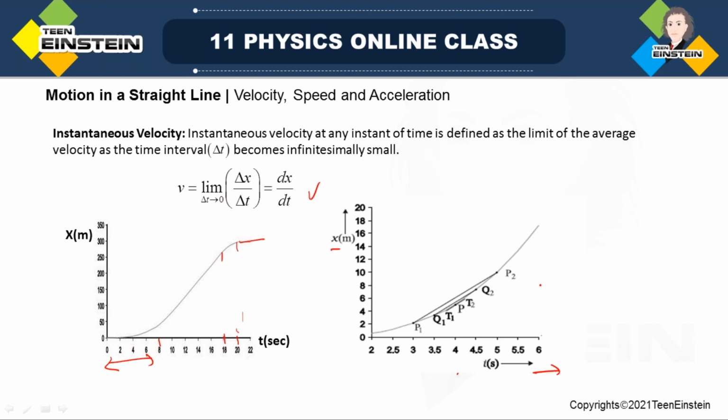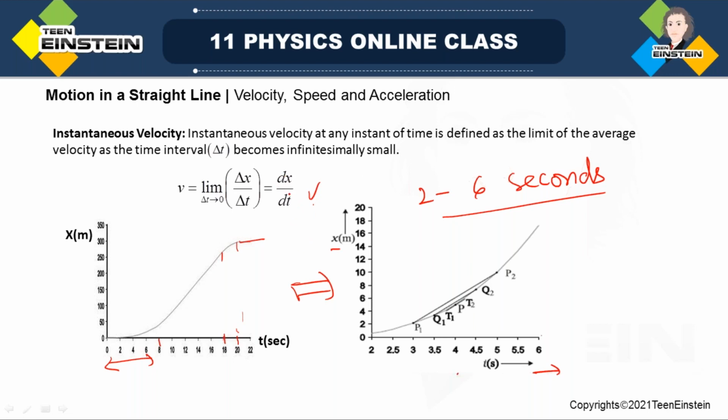Look here, we have zoomed the curve from 2 seconds to 6 seconds, the same curve here. We'll see here how instantaneous velocity can be defined graphically or geometrically.